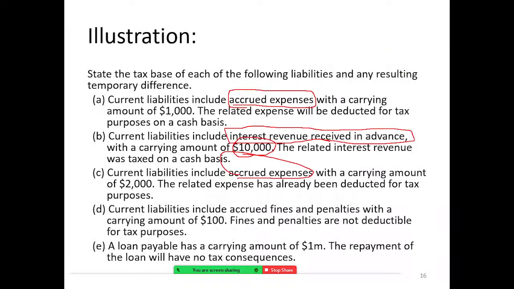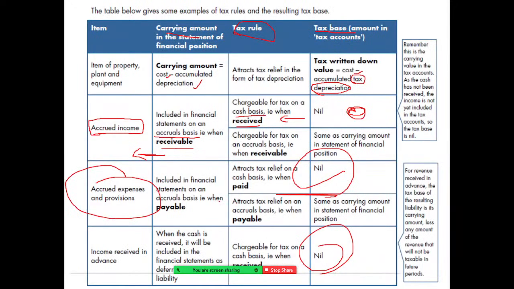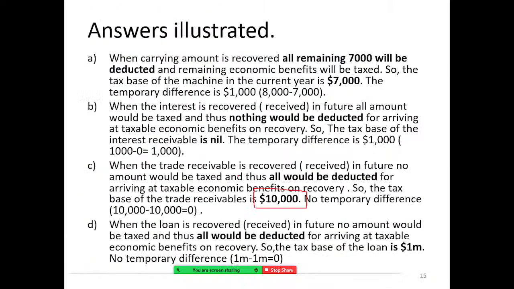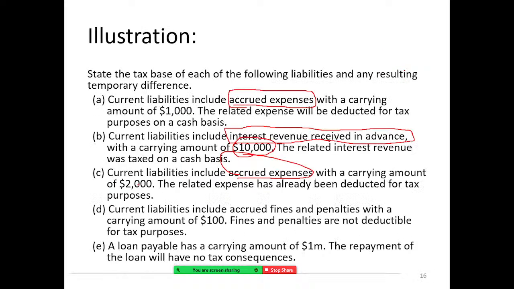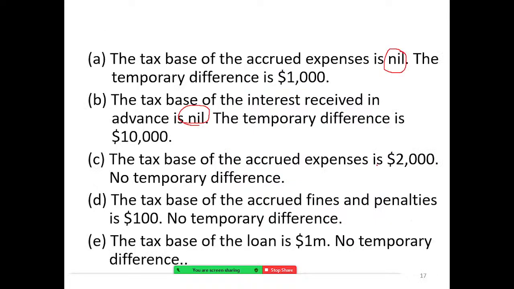So here is a current liability, accrued expense payable. So the accountant also recorded and the tax authorities also have recorded. So how much? Here the tax base of the accrued expense is 2,000, same as the carrying value. So there is no temporary difference.